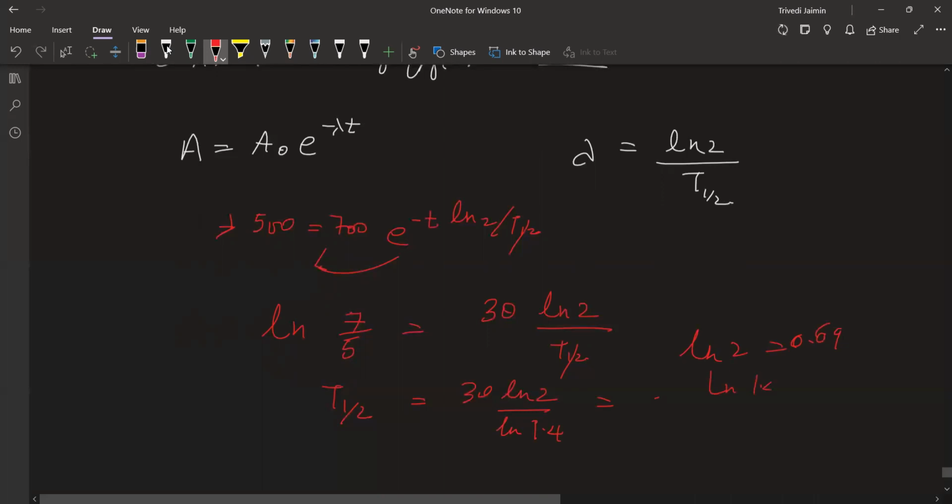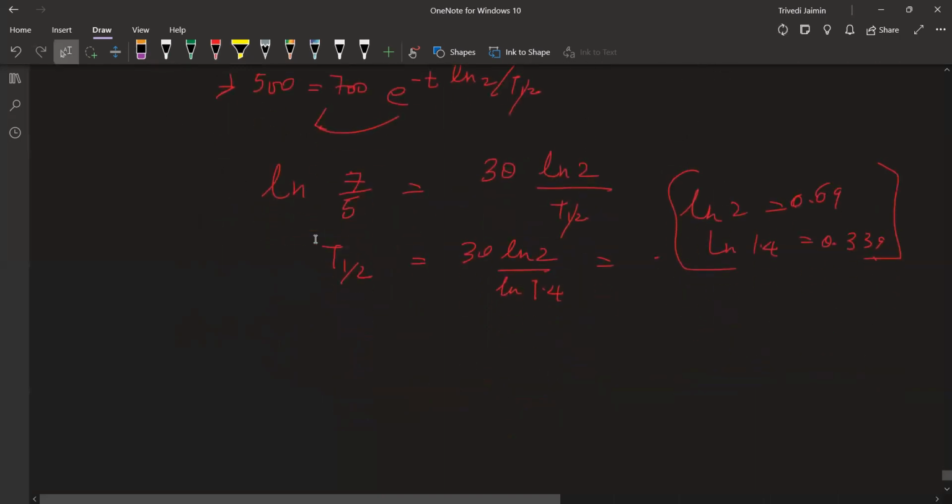And ln of 1.4 is 0.33. Generally, we will get these values only, not every time, but generally. So it will be approximately 61.8.